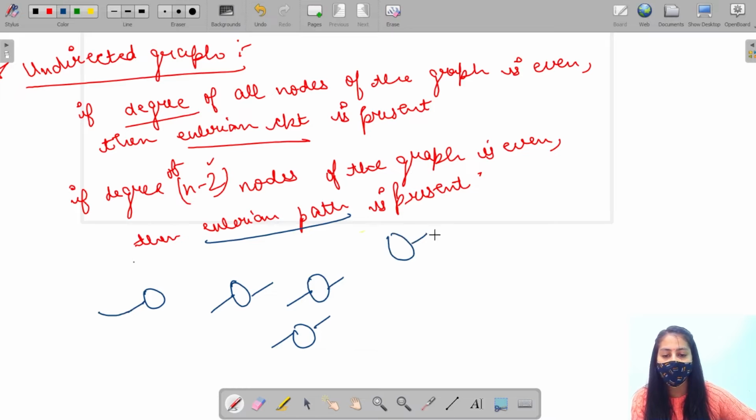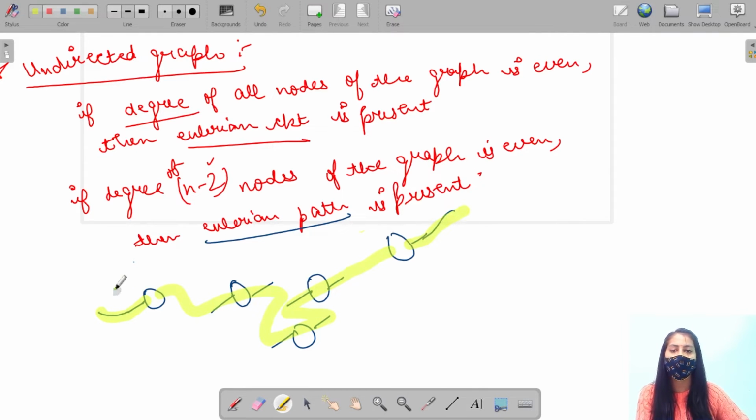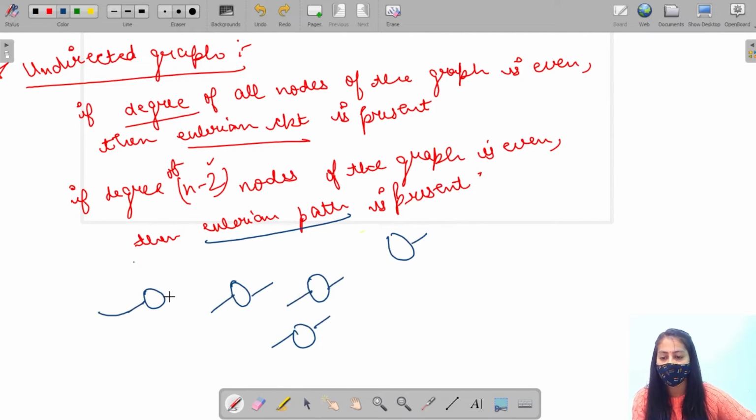Now these two nodes must be the starting and the ending node, right? So by using all other nodes, we can visit all the edges of the graph exactly once, and these two nodes with odd degree must be the source and the destination nodes, right? So all these nodes are connected with each other.